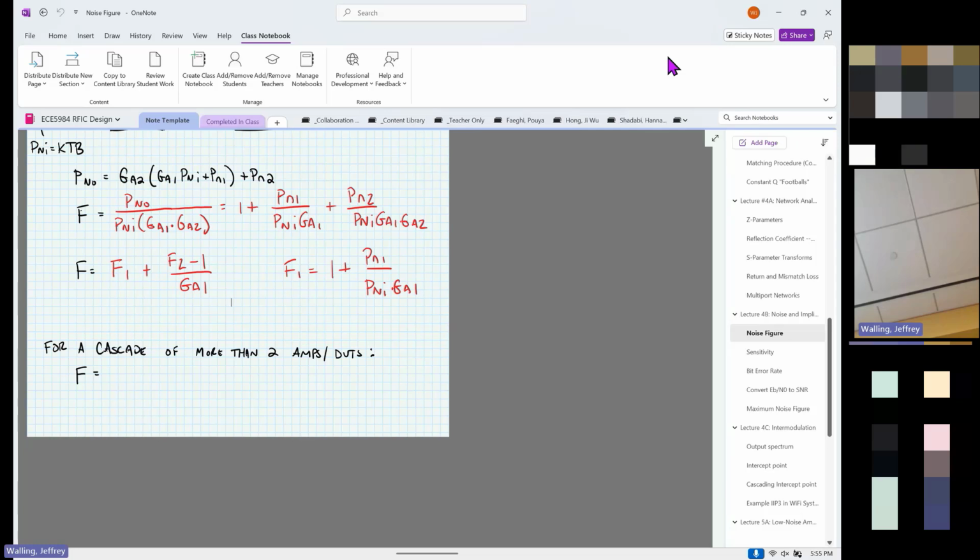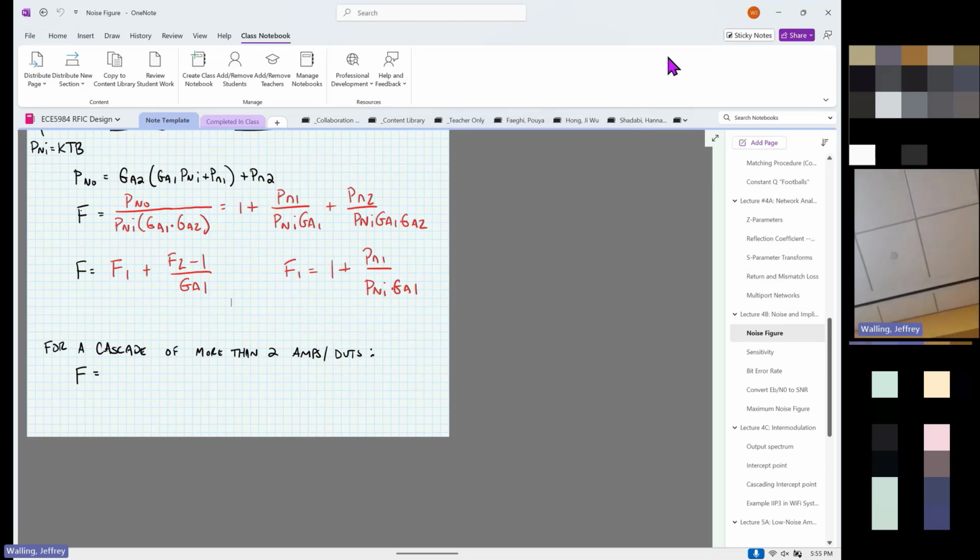Noise factor and noise figure are related to one another. Noise factor is the linear version of noise figure. Noise figure is in dBs, and noise factor is in the linear domain.